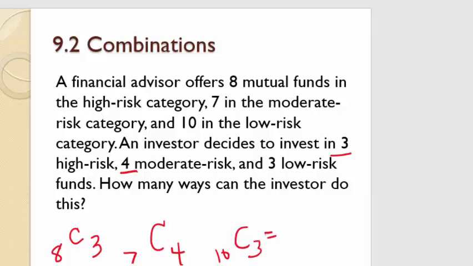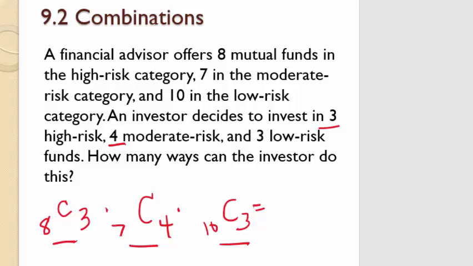Because I'm choosing 3 and 4 and 3, I'm going to use the multiplication principle, multiplying together, which gives you the total number of choices. So in my calculator I have 8C3, which is 56, 7C4, which is 35, and 10C3, which is 120. Multiplying those together gives me 504,000 ways to choose those mutual funds.